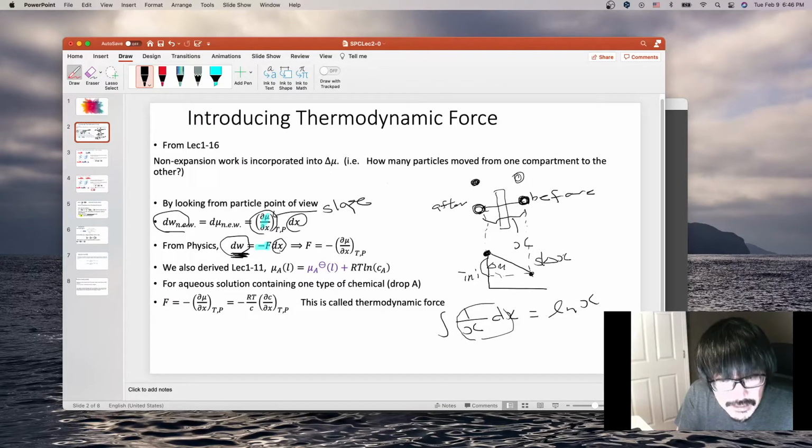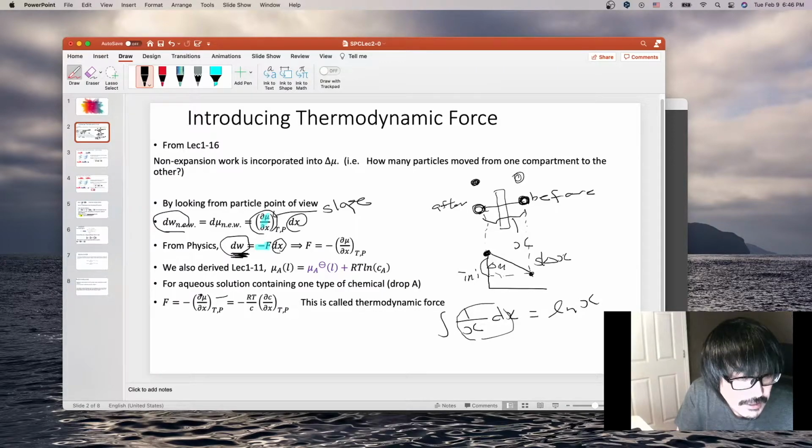Then the derivative of log x has to be equal to 1 over x, right? So we take the derivative of that portion. That's what we did right here.